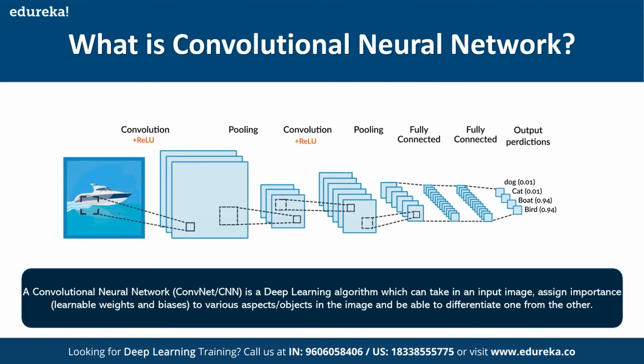A typical example of a convolutional neural network looks like this. I've got the image on the left-hand side, and on top of this image I'm applying the convolution operation, that means multiple convolution layers. Once I apply them, I'm doing some sort of pooling. Pooling means reducing the dimension. Then I again apply the convolution operation followed by pooling, and this is followed by fully connected layers.